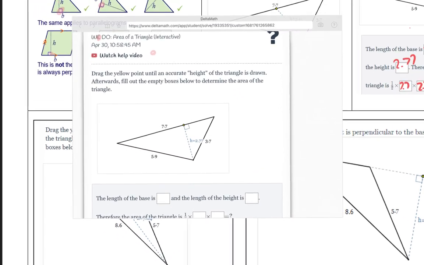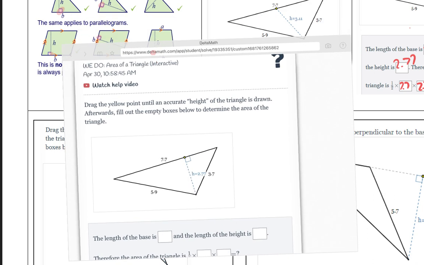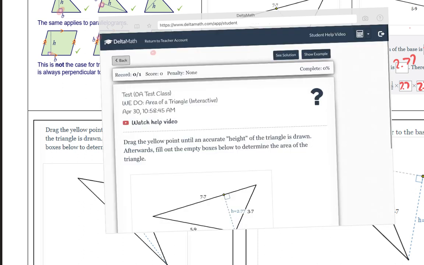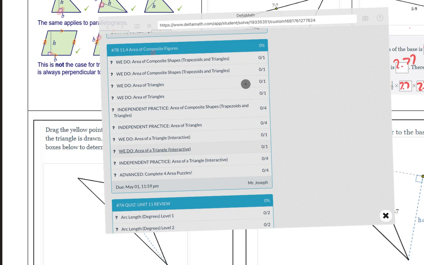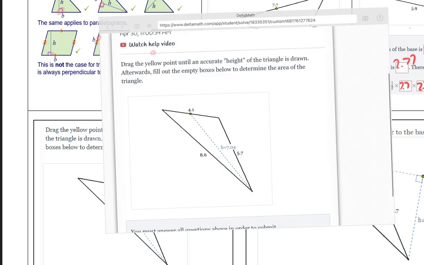Okay, so if we go to our next problem over here, on this one make sure you do this with me as well, or pay close attention, because this one's a little tricky. All right, so it says drag the yellow point till an accurate height comes up.